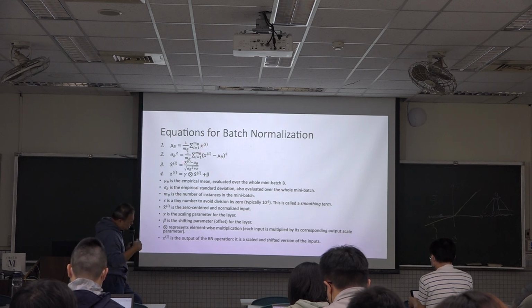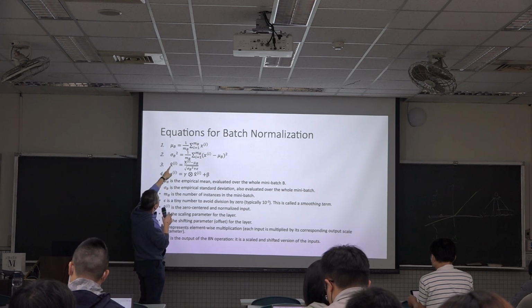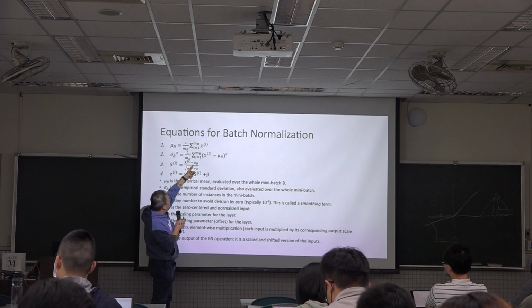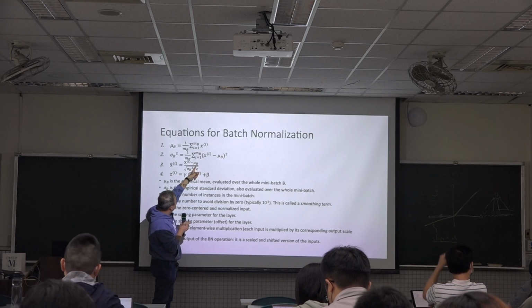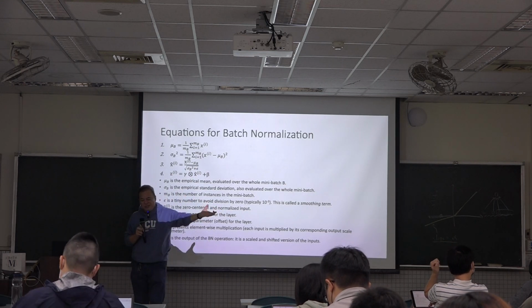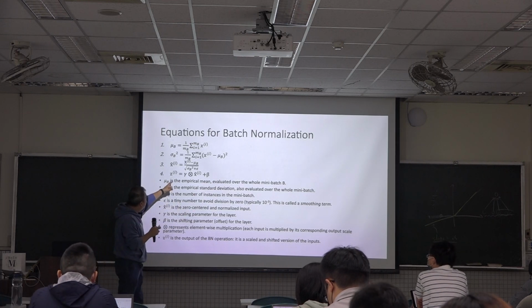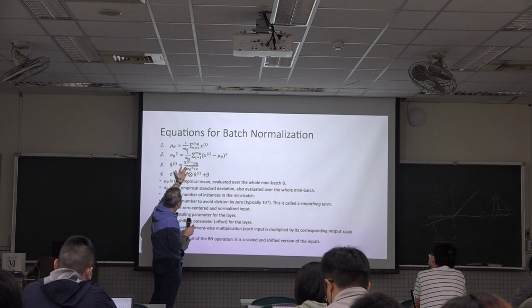For this feature in this batch, you can see for each input we try to minus the mu b. So we just try to do zero centering, make sure the average becomes 0, and also we divide this by the standard deviation, square root of sigma square, so it's a standard deviation.